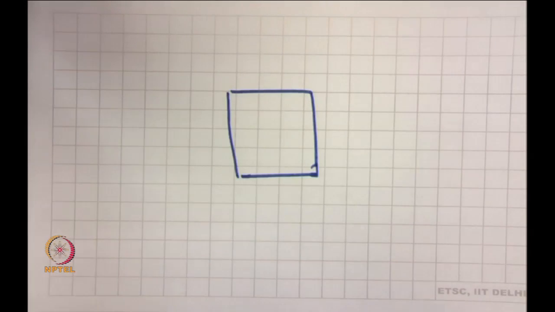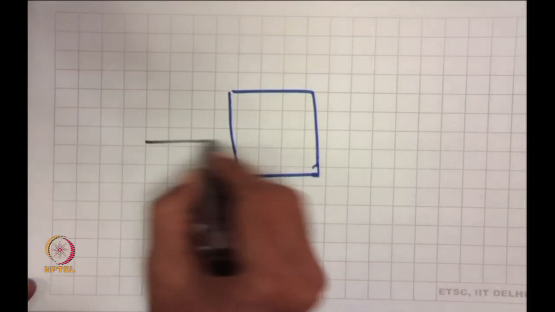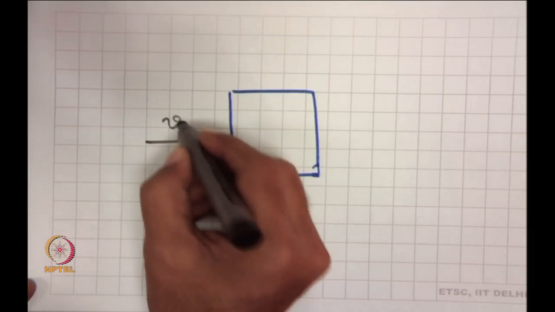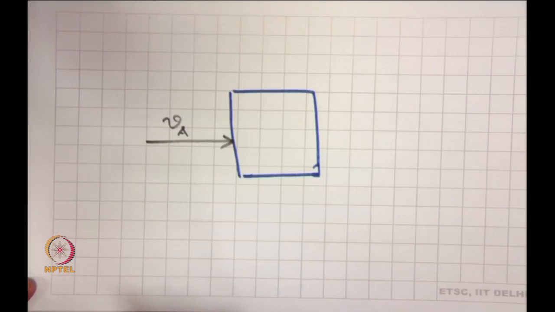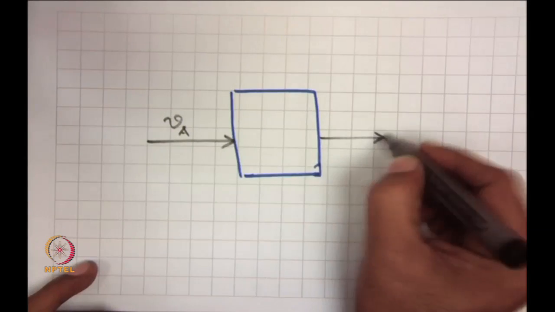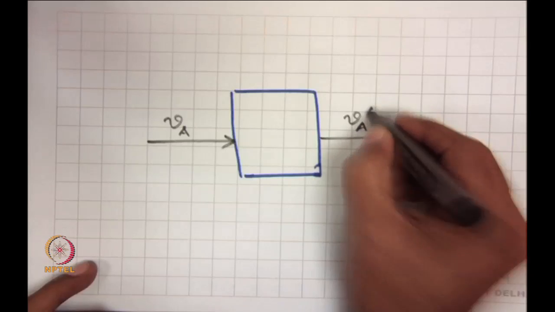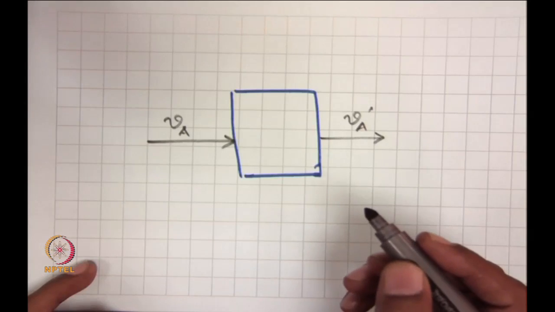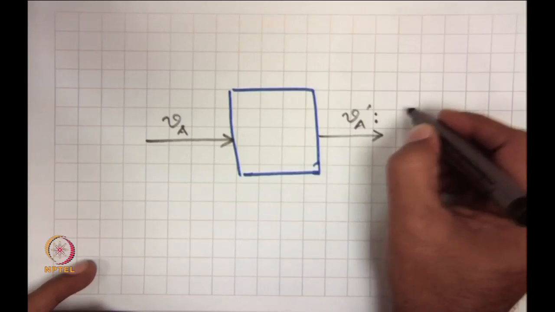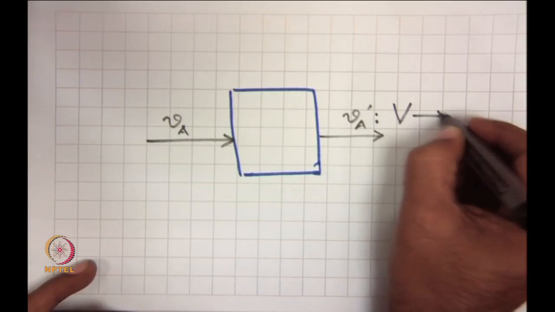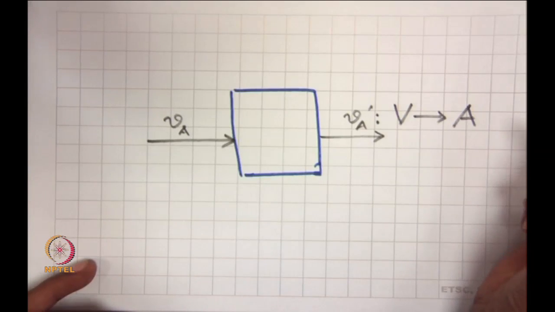The semantics of this language is defined as essentially I start with a valuation V A, that valuation is the input, and what it produces is a new valuation V A prime, and each of these is a function from the set of variables to the carrier of the domain in which you are looking at.